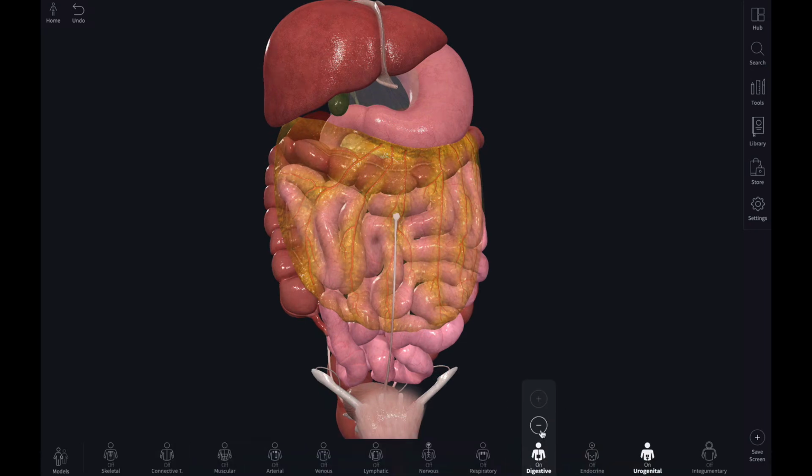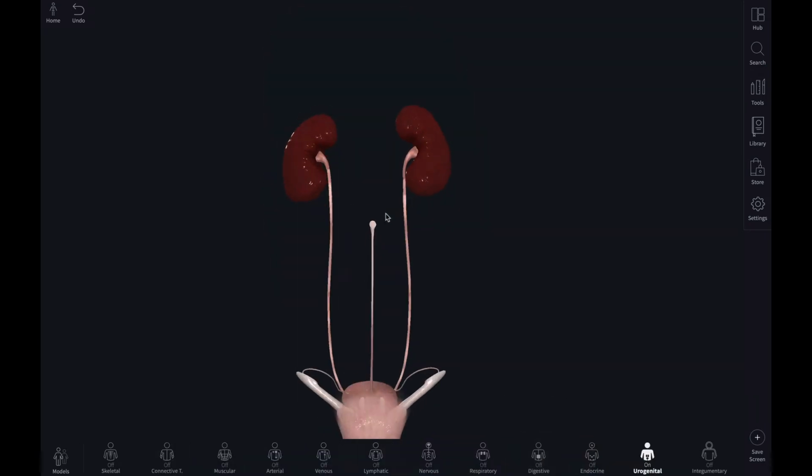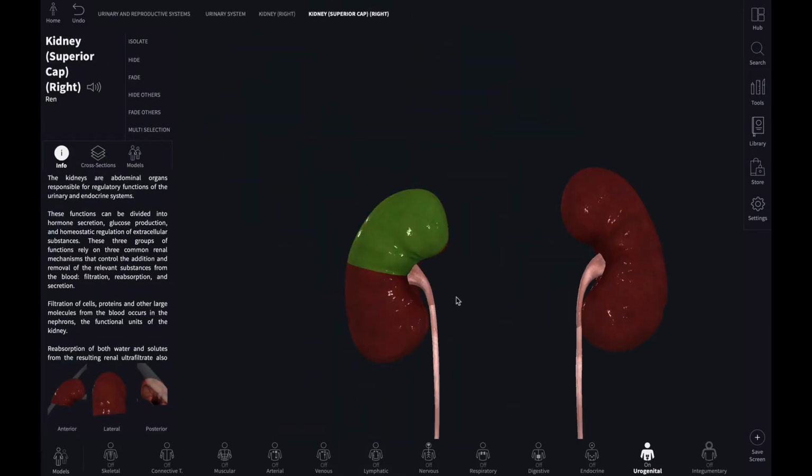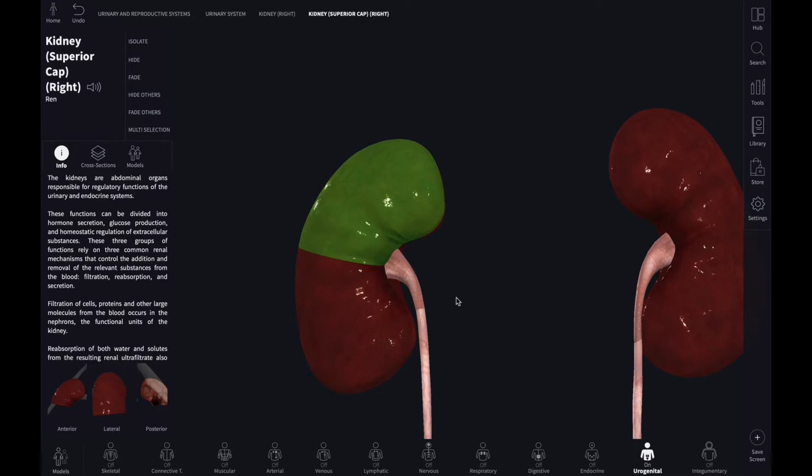Okay, so now what you have to understand here is this kidney is covered by a fascia. On the kidney there is a thick layer of connective tissue, 2 layers. One layer is the fascia, and also more amount of fat bed.